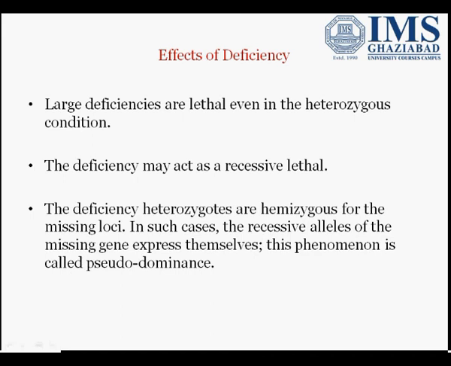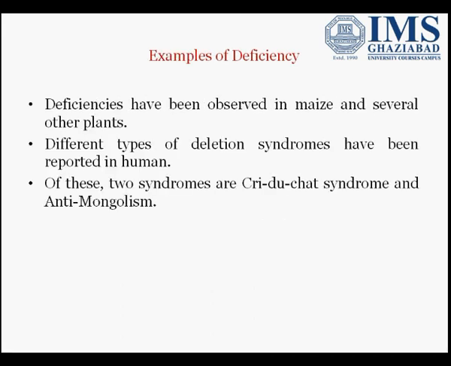The deficiency may act as a recessive lethal also. And another aspect is that deficiency heterozygotes are hemizygous for the missing loci. In these cases, the recessive alleles of the missing gene express themselves, and this phenomenon is called pseudodominance.